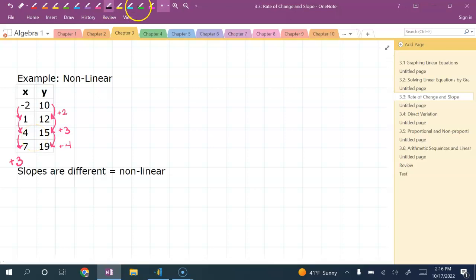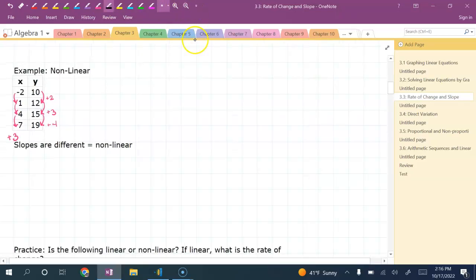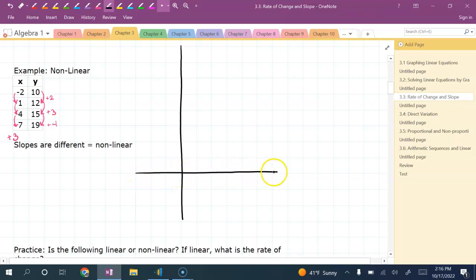And if we look at the graph of this type of equation, I'm going to change my scale on the y to going by 2's to be able to fit these points on there. Negative 2 is up at 2, 4, 6, 8, 10. 1 is at 12.